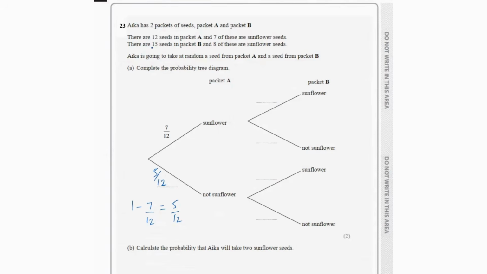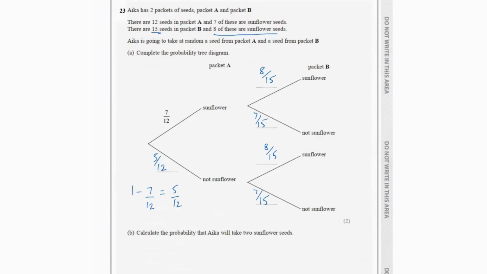In packet B, 15 seeds are total and 8 are sunflower seeds. So 8 out of 15 is the probability of getting a sunflower seed. So not a sunflower seed is going to be 7 out of 15, and it's the same over here, 8 out of 15 and 7 out of 15. Now calculate the probability that ICA will take 2 sunflower seeds.